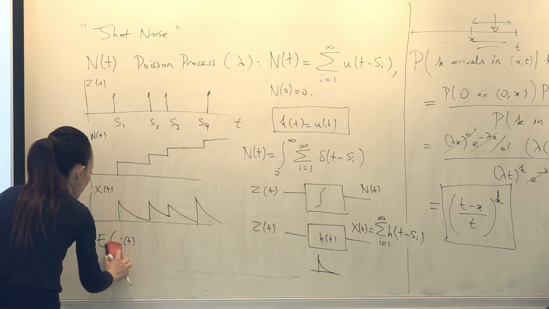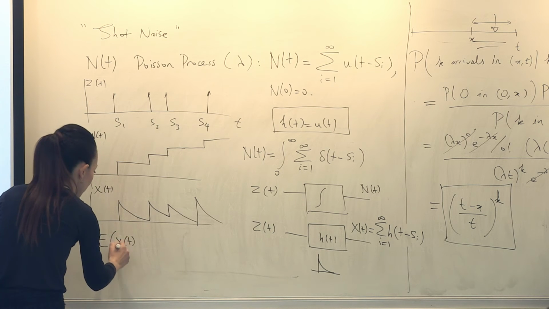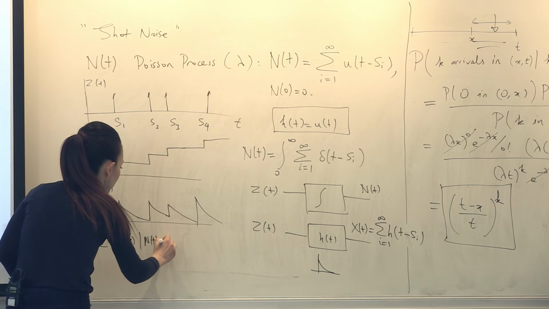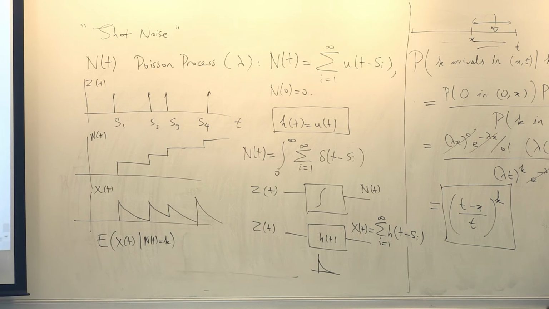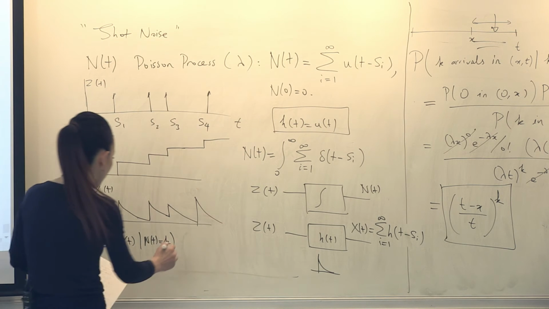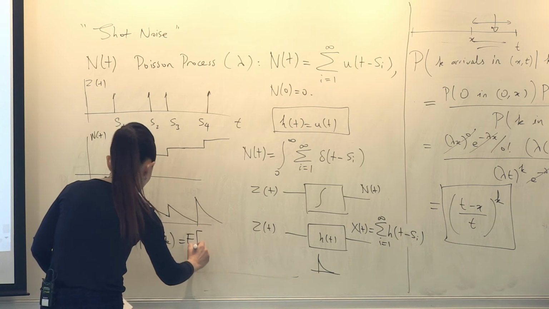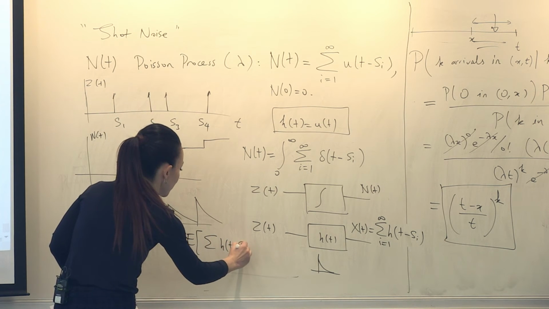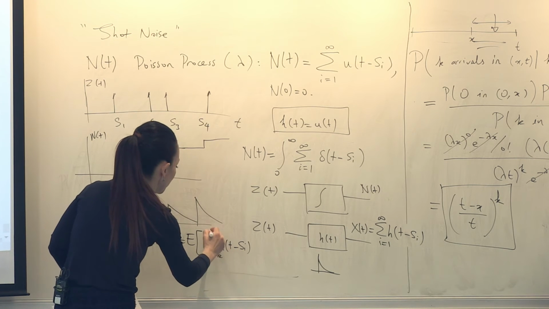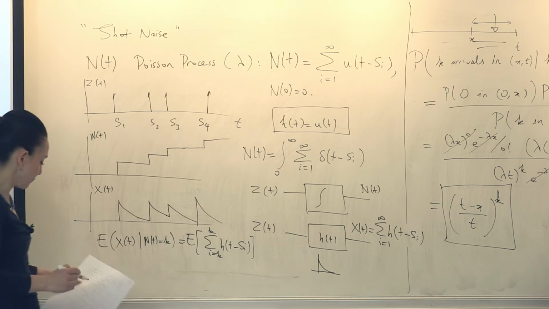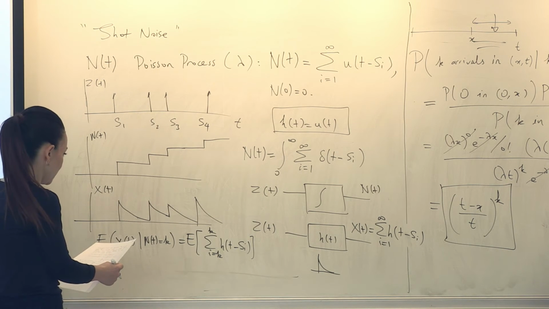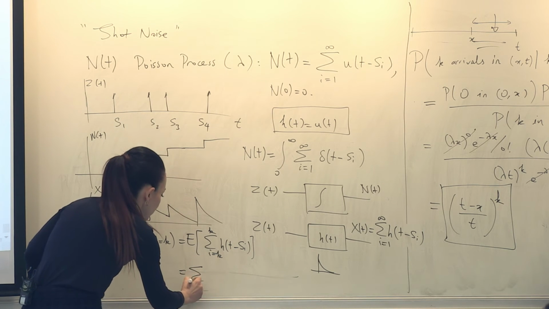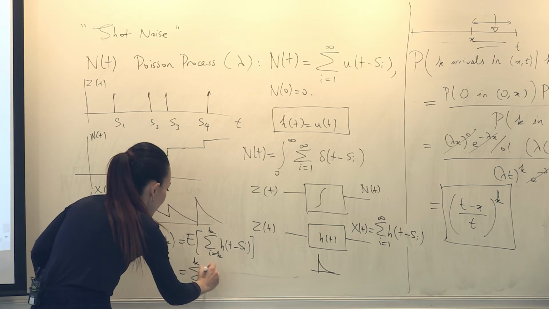The expectation of the shot noise process conditioned on n of t equal to k, the number of arrivals by time t equal to k. Well, that is the expectation of the summation of h of t minus S_i, i from 1 to k, right? But I can change the order of the summation and the expectation.